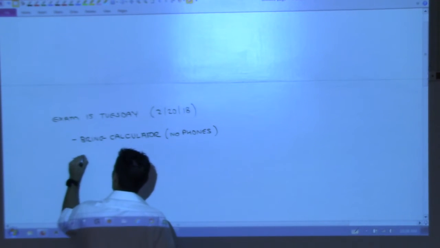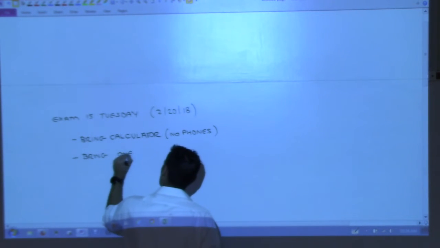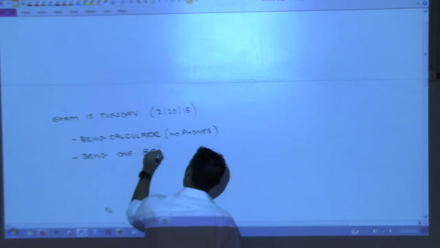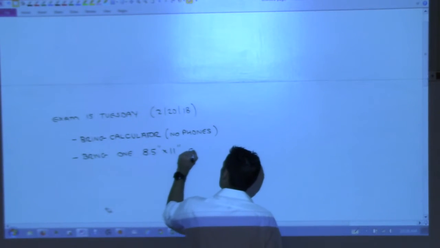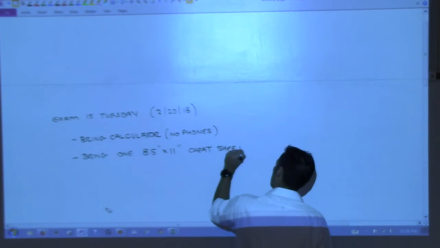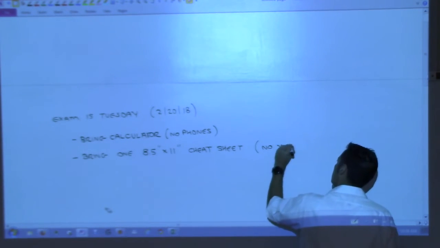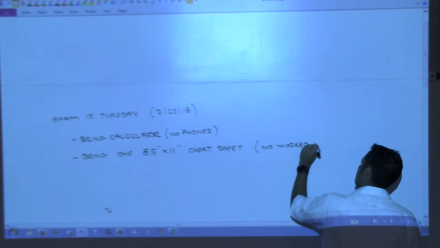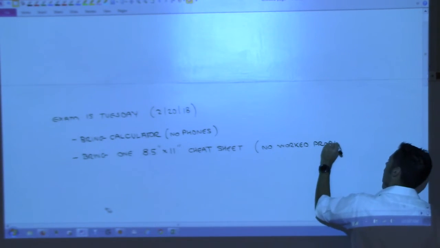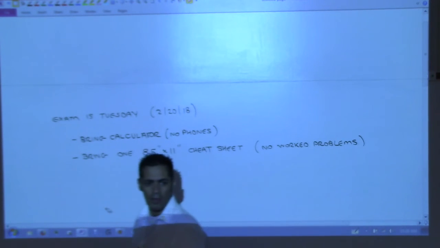And I'm going to let you bring to this exam one 8.5 by 11 cheat sheet. But no worked problems on this thing. So you can't just go and put a bunch of problems worked out on this sheet.